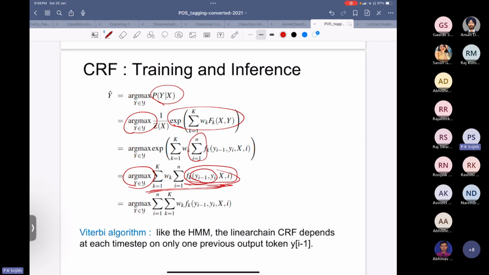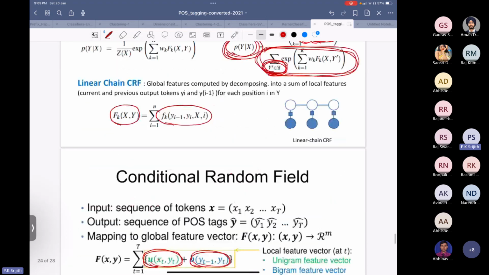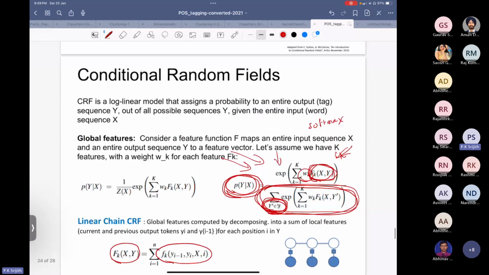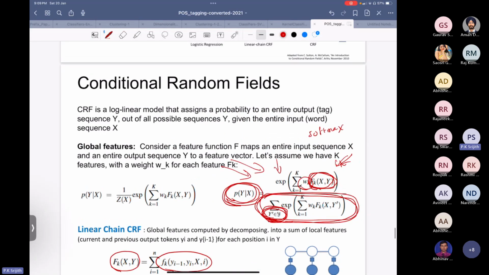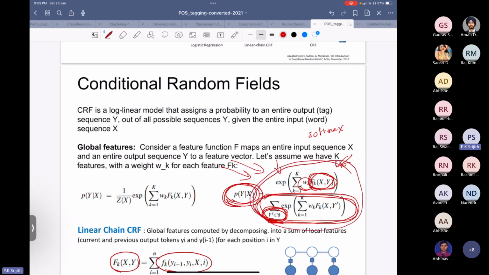manner. And in the case of learning the parameters, you need to maximize this quantity, as in the case of logistic regression, where you learn the parameters by maximizing this quantity. Of course, it involves this summation term.